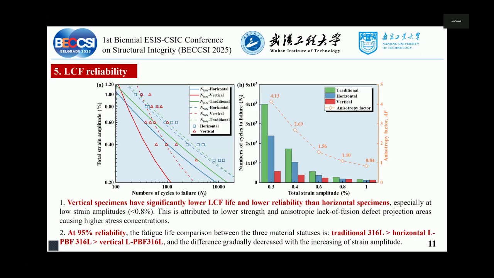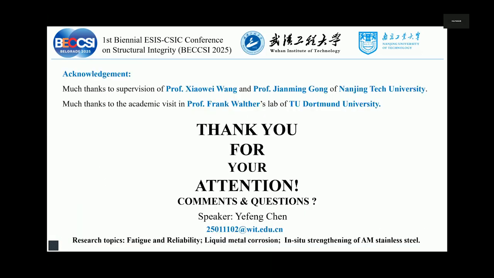And the anisotropic characteristic between vertical and horizontal specimens is very big. So our conclusion is that the additive manufacturing method maybe can't be used in reliable applications.